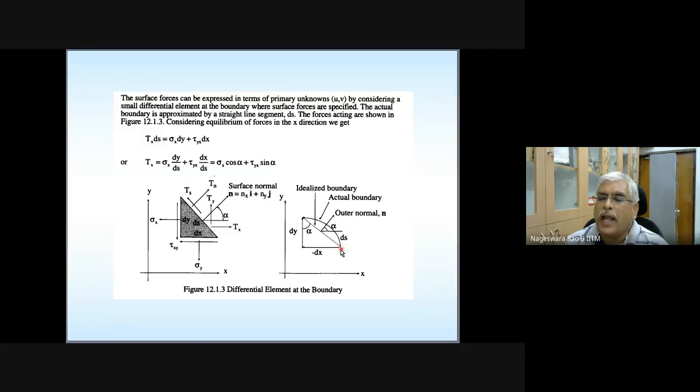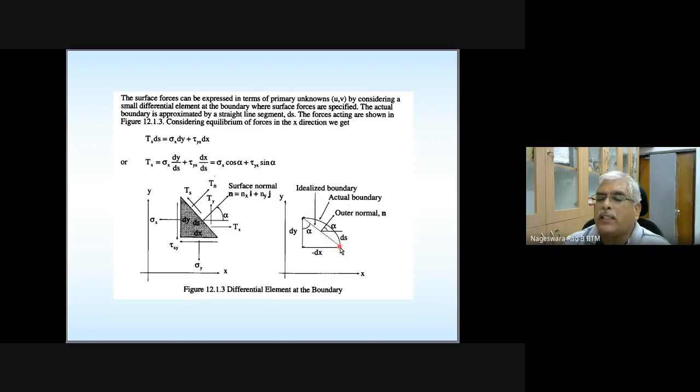Okay, so the actual boundary can be curved like this, but when you use finite element discretization, the actual boundary is going to be idealized in this manner. And you can see here on the actual boundary, the normal keeps changing. The out of plane normal, the normal which is pointing outwards, keeps changing.